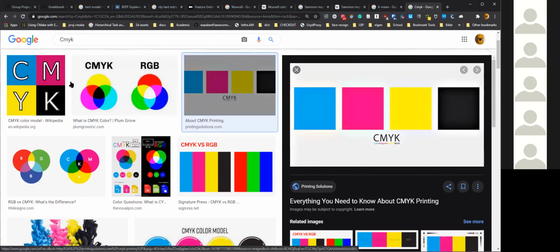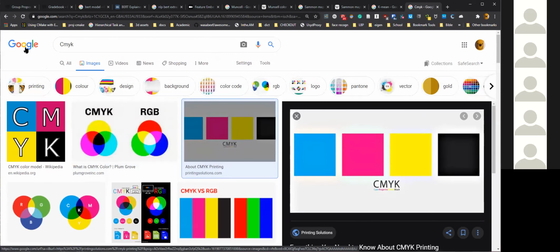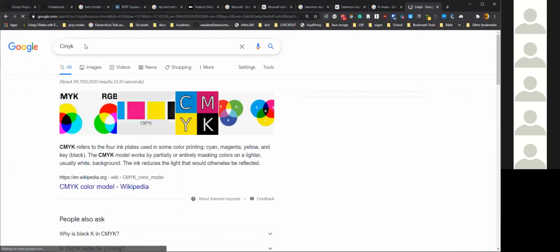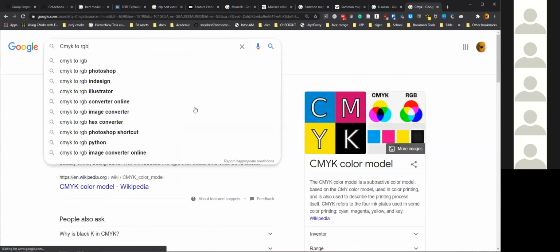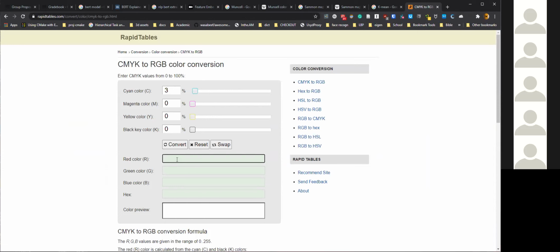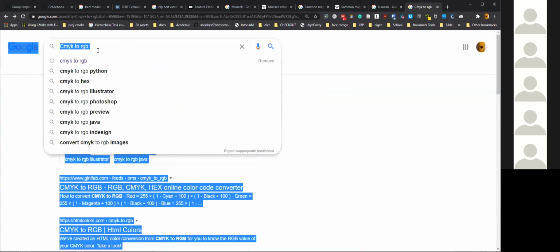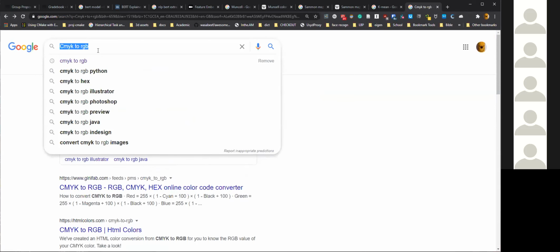Yes. So you know how RGB colors can be converted by their numbers. In RGB, colors are represented by different numbers.